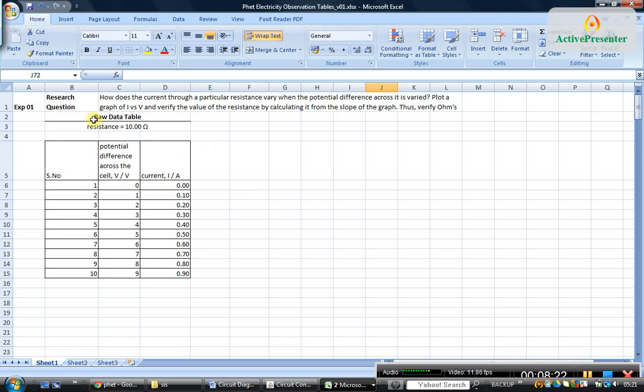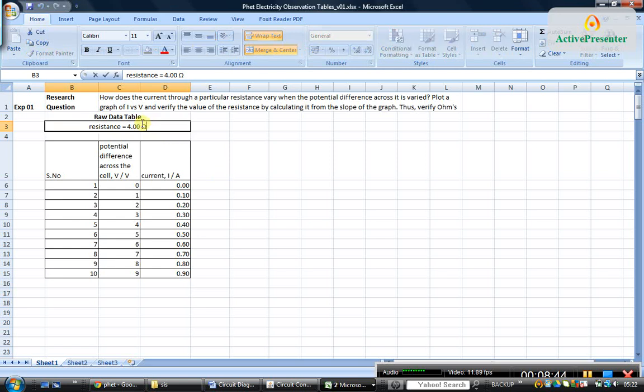So for experiment 1 I have created the raw data table here. So here make the resistance 4 ohms. In the file which I uploaded, I think here I did not write resistance, I wrote voltage, I think, by mistake. So correct it to resistance and write the initial value of resistance which you used in your experiment as 4 ohms.